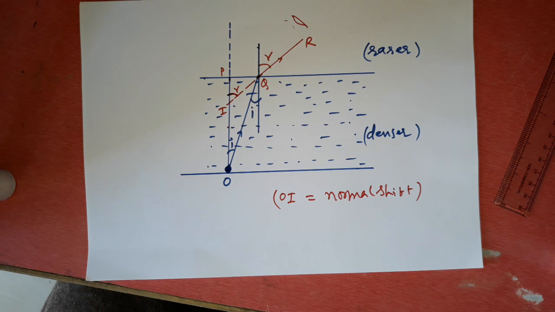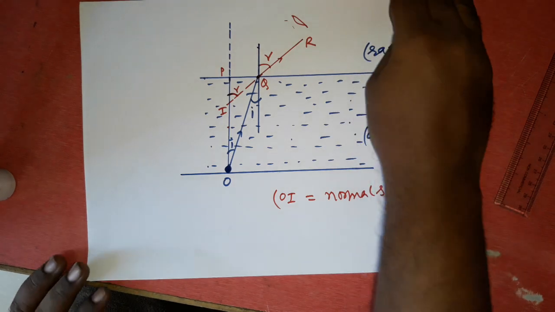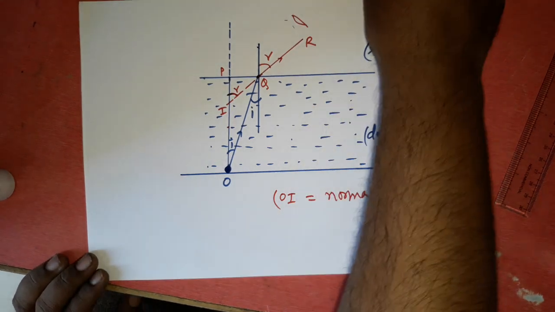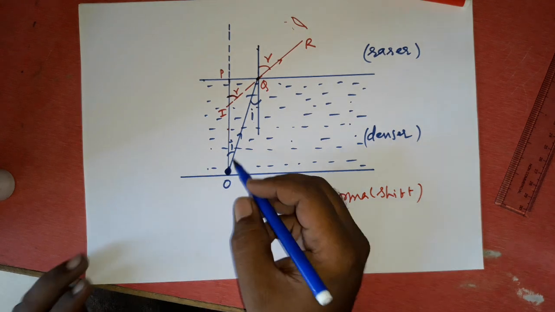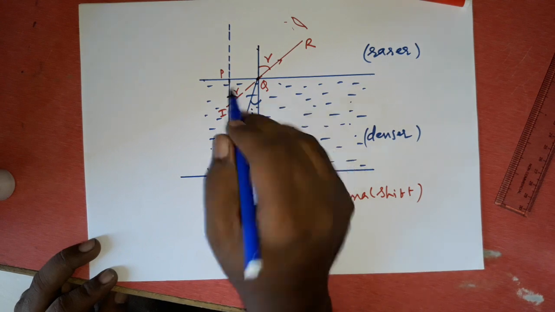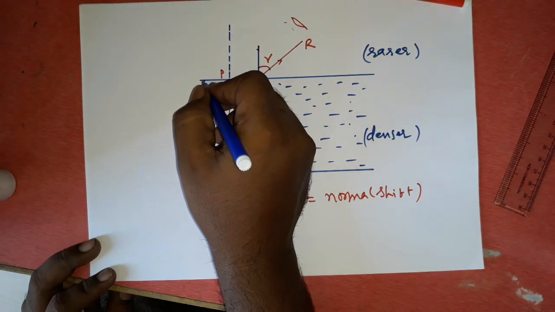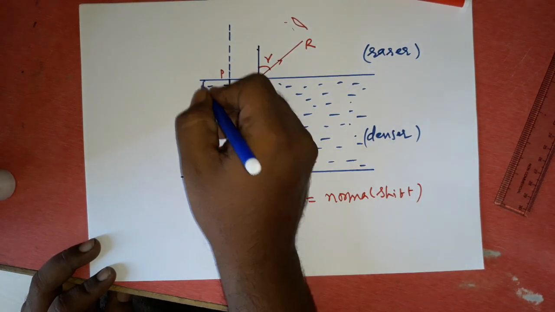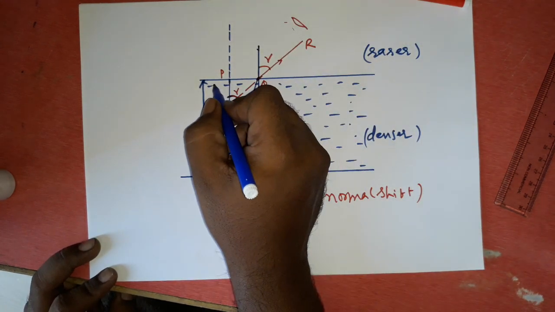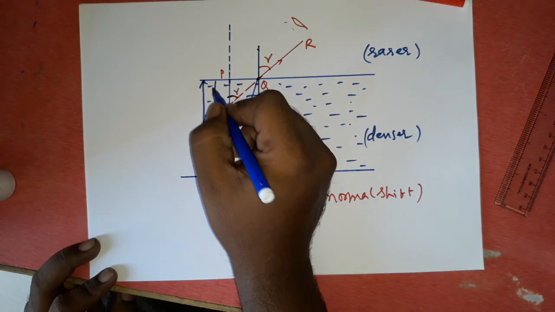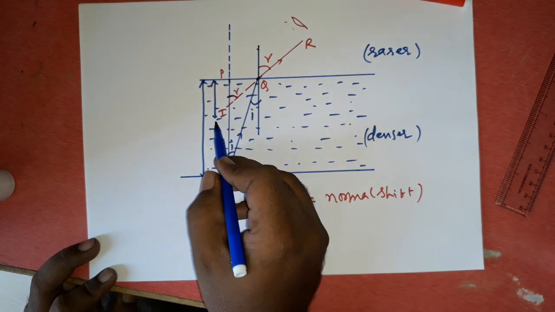Okay. What is the expression for this normal shift? How will you derive it? OI is the normal shift, and this is the real depth of this object, and the person who is observing from here observes the object here.